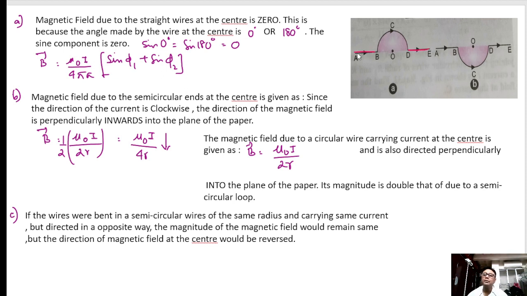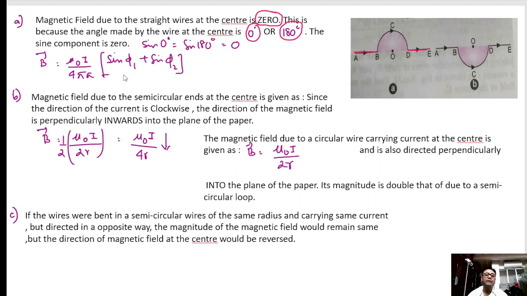So the magnetic field due to the straight segment at a point on the line will be 0. Please keep in mind, the magnetic field on the line due to a current carrying wire is always 0. So the magnetic field at O due to the wire AB and DE will be 0, because sine 0 and sine 180 are 0.